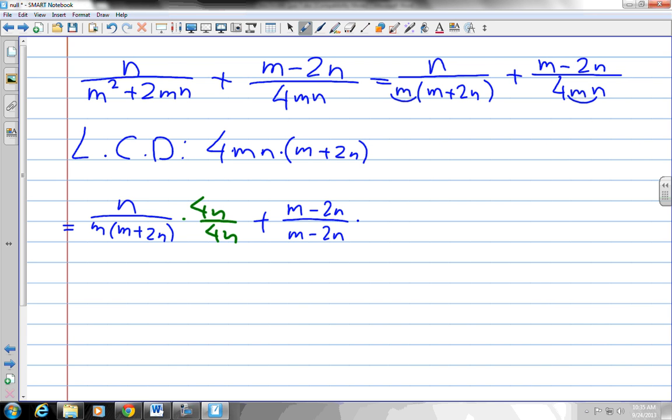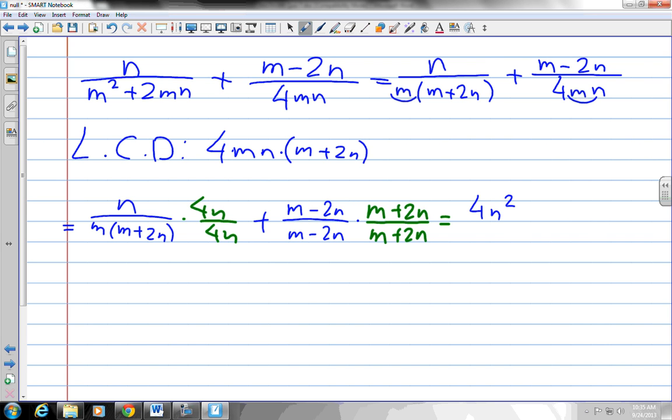What about the second one? What is the second one missing? Right, it's missing that entire term, m plus 2n. So that equals 4n squared, is that okay?